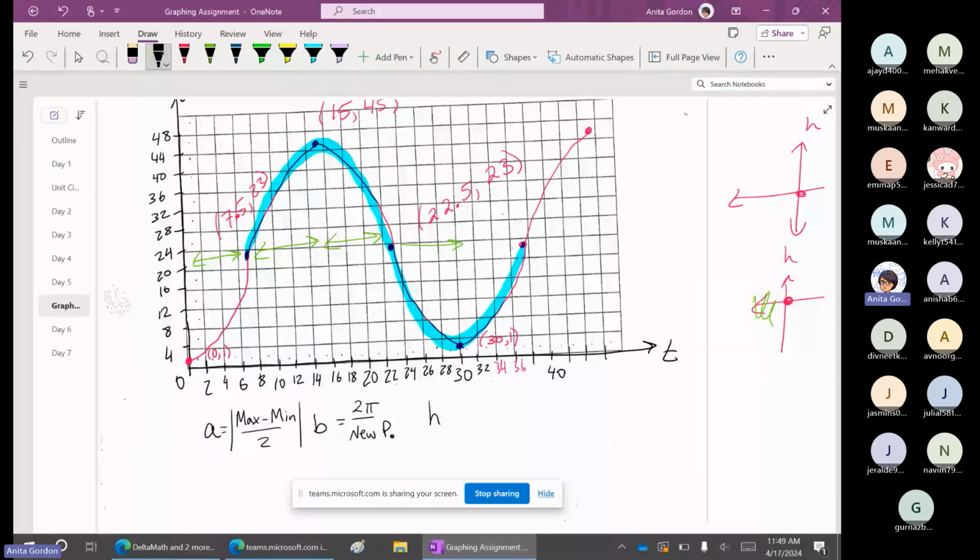H is just where the starting point of the blue wave is. And K is the center, or we can write it as max plus min divided by 2. I'm going to give you like a 2-minute head start. Can you try to find some of those numbers and start putting them into the equations to solve?